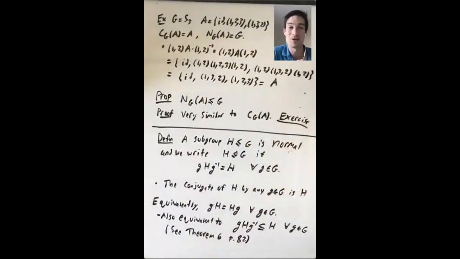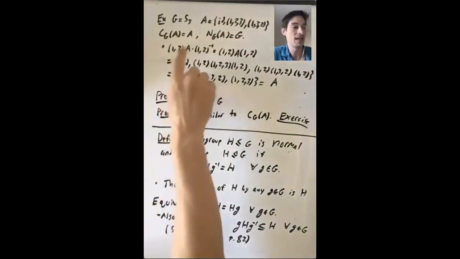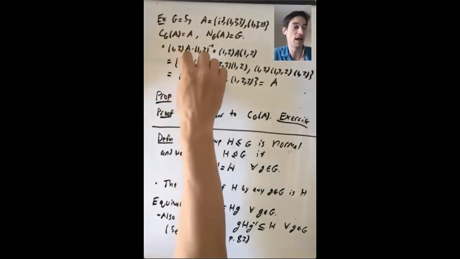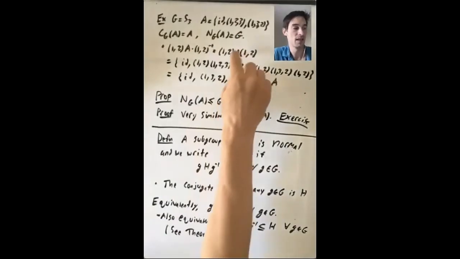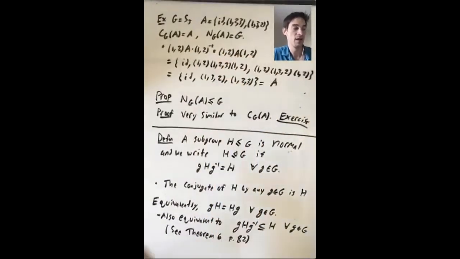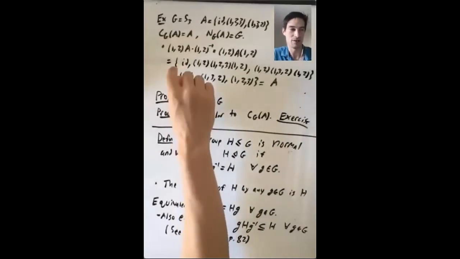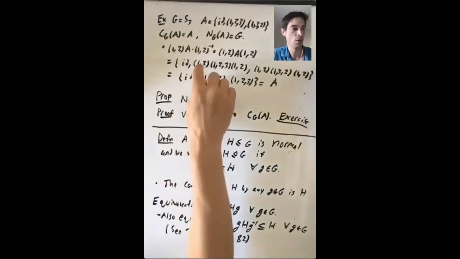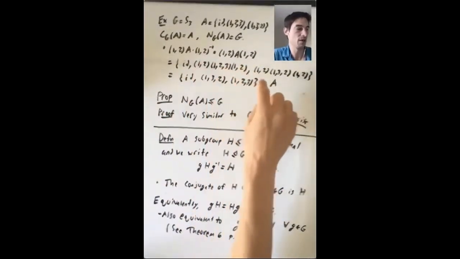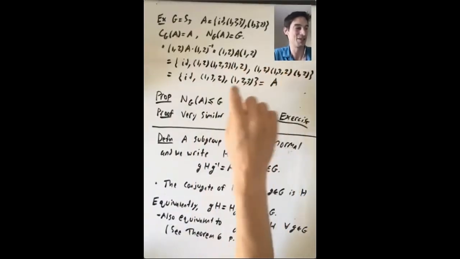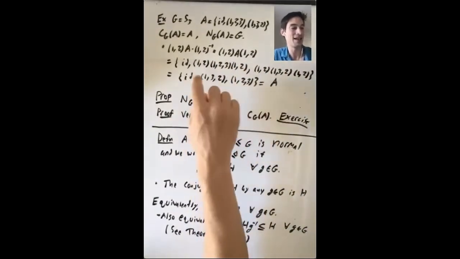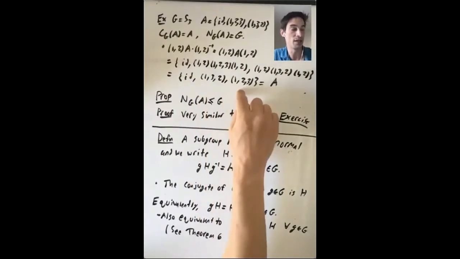Well, how do you see the normalizer as the whole group? Take some element not in A, like (1 2), and just compute (1 2) A (1 2) inverse. That's (1 2) A (1 2). So that's the set of three permutations: (1 2) identity (1 2) is just the identity, (1 2)(1 2 3)(1 2) is (1 3 2), and (1 2)(1 3 2)(1 2) is (1 2 3).